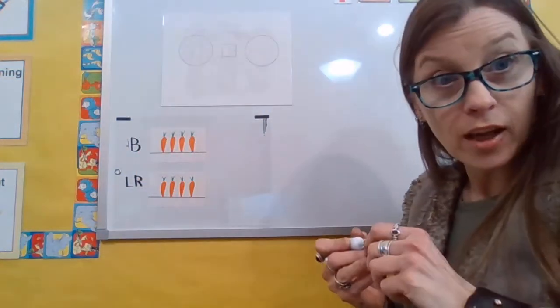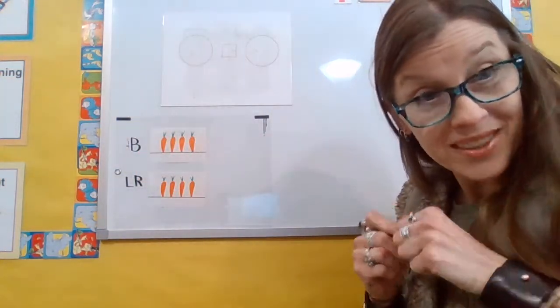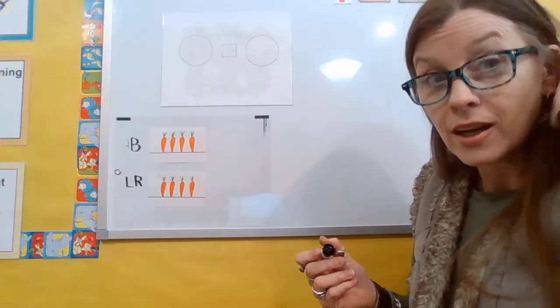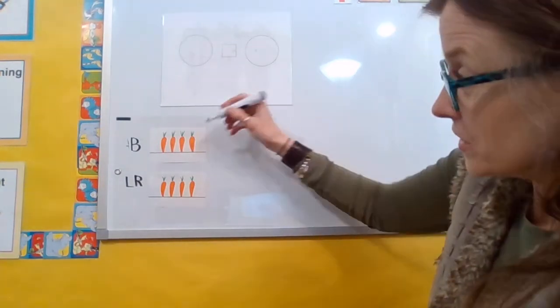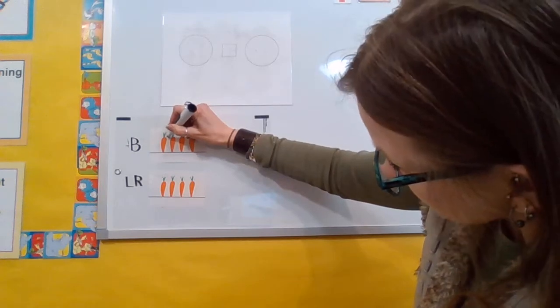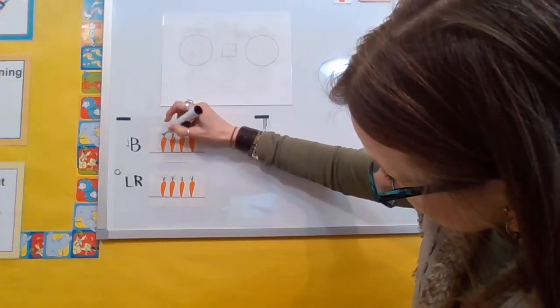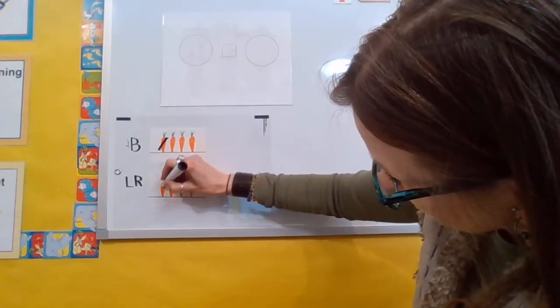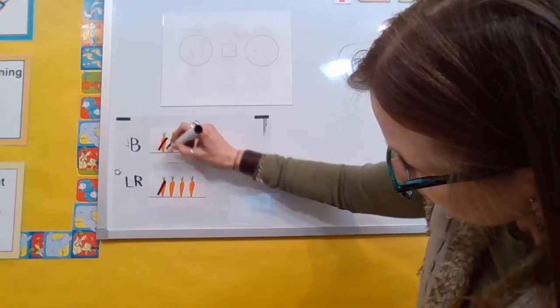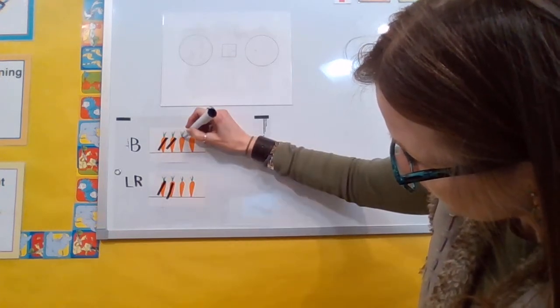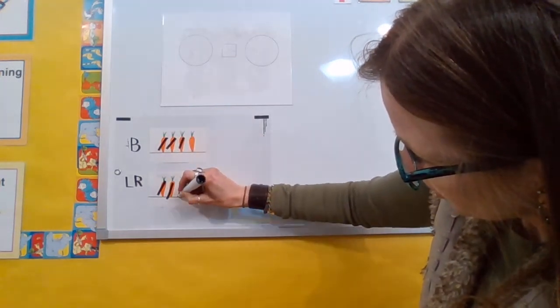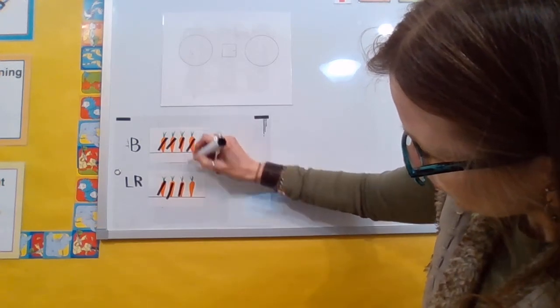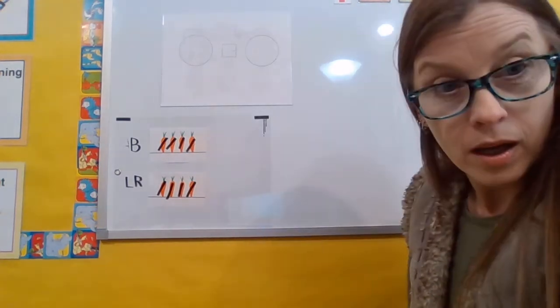All right, now let's compare them to see if there's any left over. Are you ready? We start at the top. That's right. Here we go. Ready? Top, top, bottom, top, bottom, top, bottom, top, bottom.